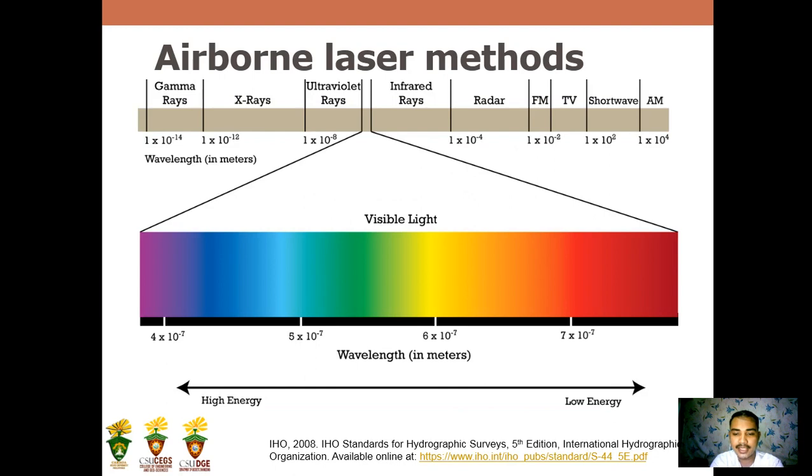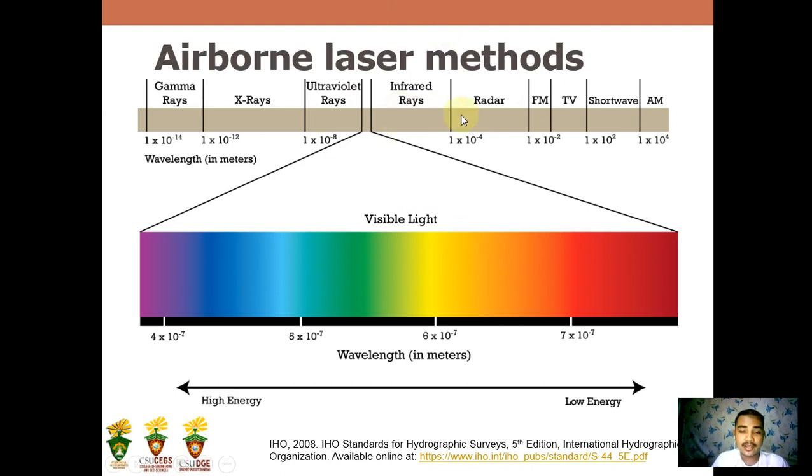So here is the electromagnetic spectrum. There are different classifications: gamma rays, X-rays, ultraviolet rays, and in this part is the visible light. The visible light, which is visible to our eyes, is just 2% of the electromagnetic spectrum.